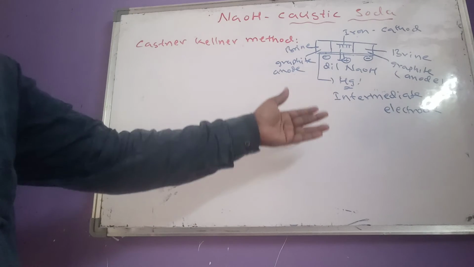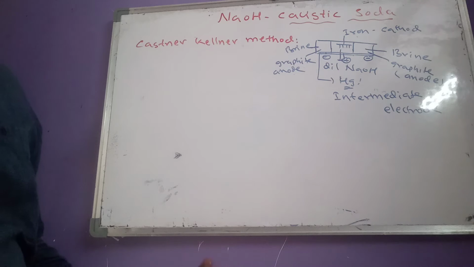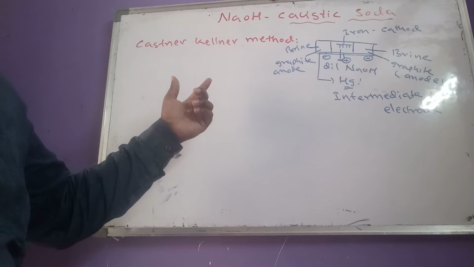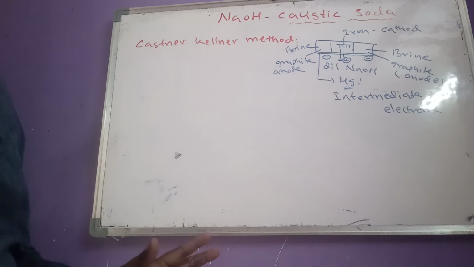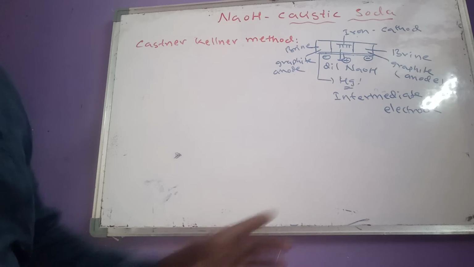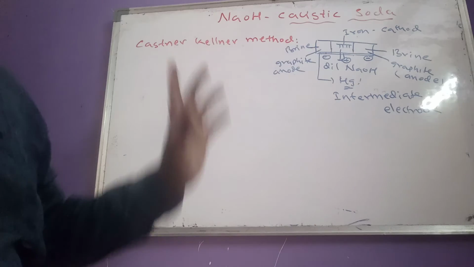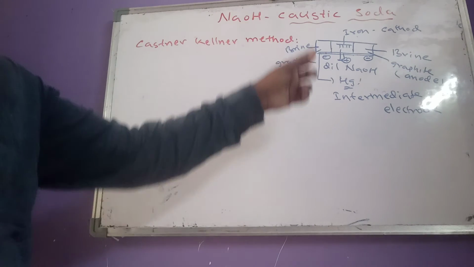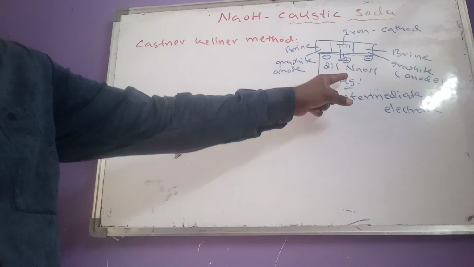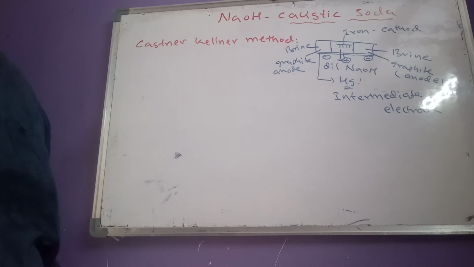Now in competitive exams, we get questions like this. In the preparation of NaOH by the Kastner Kellner method, the outer compartments are filled with brine solution. The middle compartment is filled with dilute NaOH, which acts as a seeding agent and makes pure water an electrical conductor.